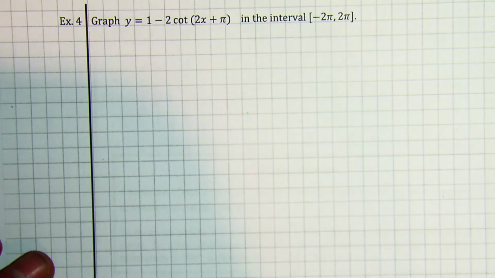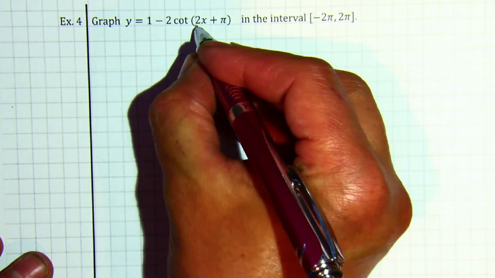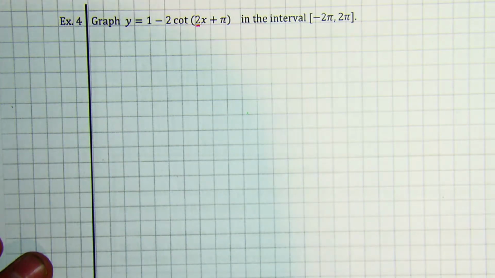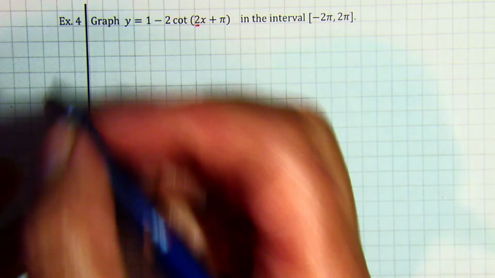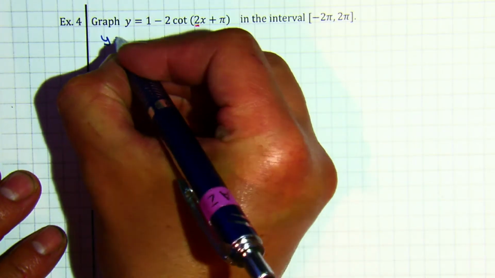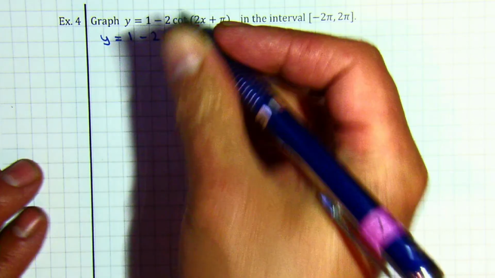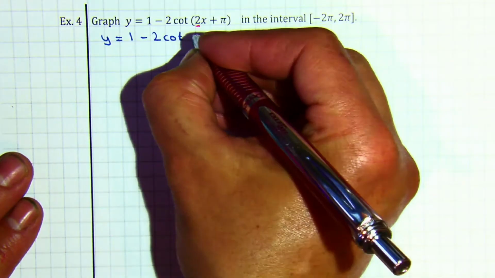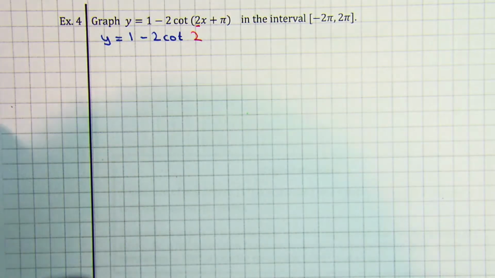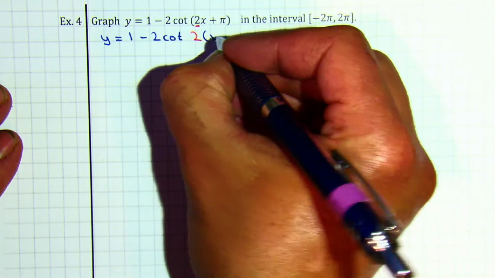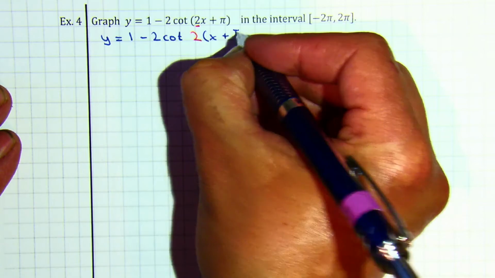So one of the things that you should notice is that we need to factor out the 2. So therefore we have y equals 1 minus 2 cotangent of 1/2, and what's left behind, we have x plus pi over 2, correct.